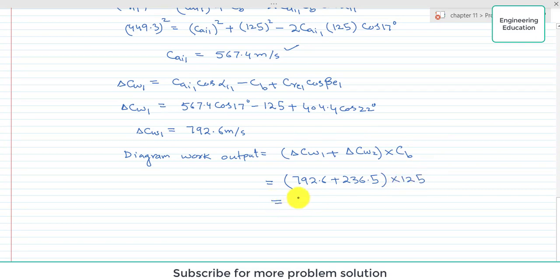So the diagram work output is equal to 128,638 Newton meter per kilogram.